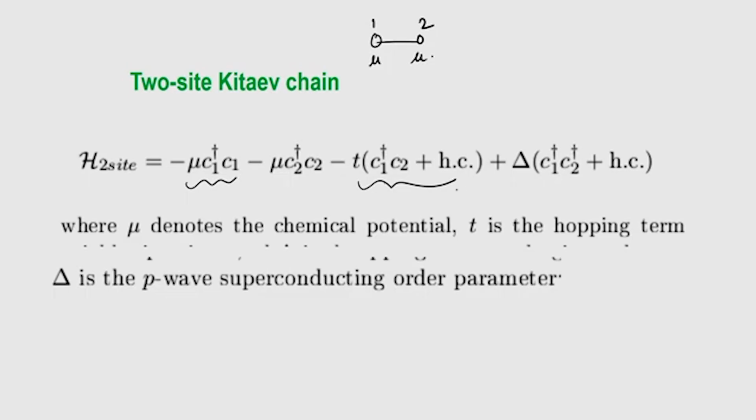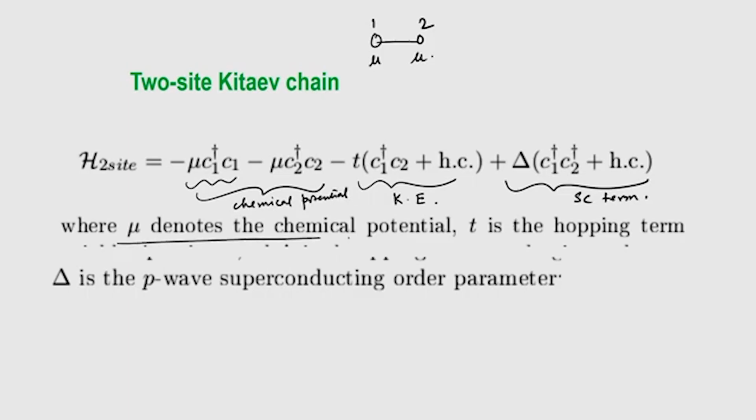So this is the kinetic energy of the electrons, and this is the important one, the superconducting term. This is the chemical potential, which fixes the number of particles. So mu is the chemical potential and T is the hopping term. Delta is the P wave superconducting order parameter.